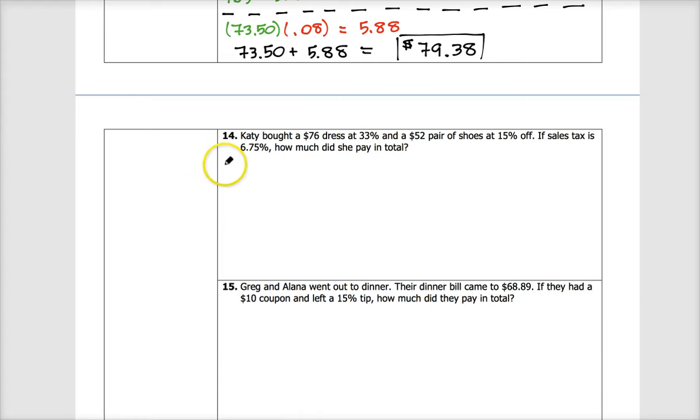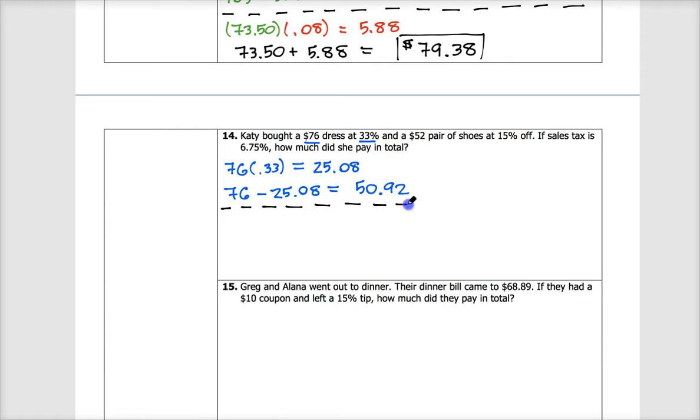So the dress originally cost $76, but Katie's getting it at a 33% discount. So we need to figure out 33% of 76. So 76 times 0.33, that's 25.08. And so we take the original 76 minus the discount. The selling price of the dress is $50.92.